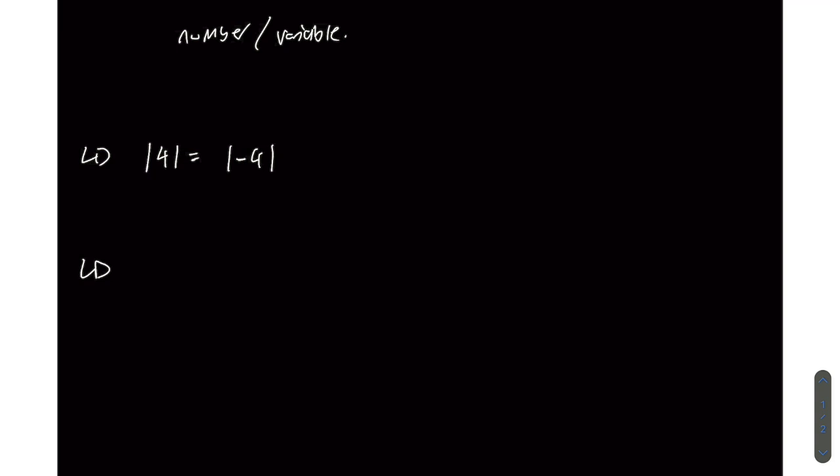And so, if we write absolute value of x smaller than 2, what we're really saying is that x is a value between negative 2 and 2. Why is that?